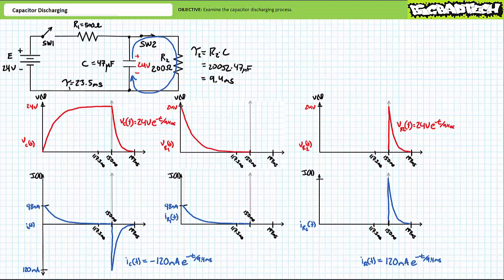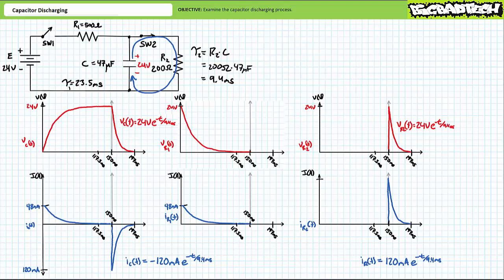Or again, we are assuming a different t equals 0 for the discharge phase that is actually the larger circuit's 150 milliseconds. Given there are only 2 elements in this series discharge path, voltage across resistor 2, VR2, is effectively identical to Vc of t. VR2 can also be modeled as 24 volts times e to the negative t over 9.4 milliseconds. Any voltage rise induced by the discharging capacitor must be dropped across R2.